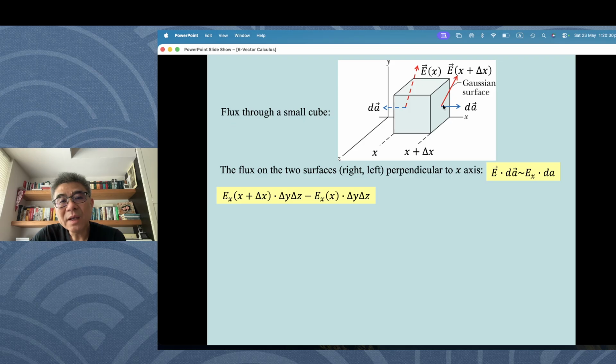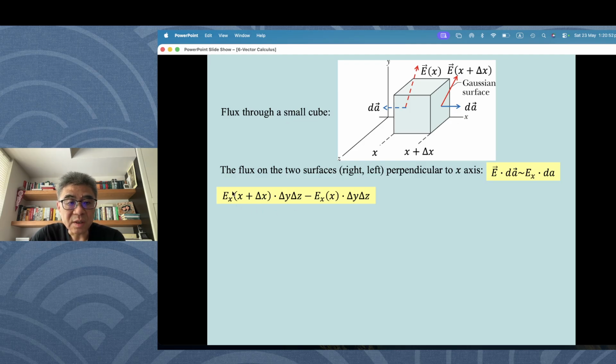So for the right square, dA is pointing in the x direction. So when you multiply E with dA, it gives you Ex times dA. Ex is evaluated at x plus delta x because the position of this surface is x plus delta x.